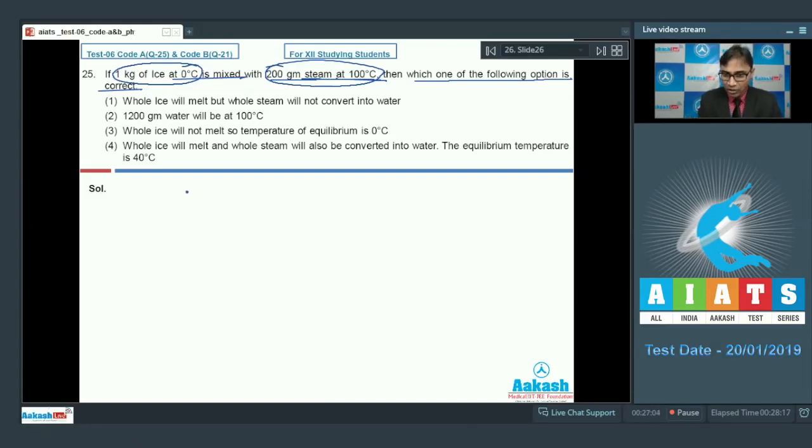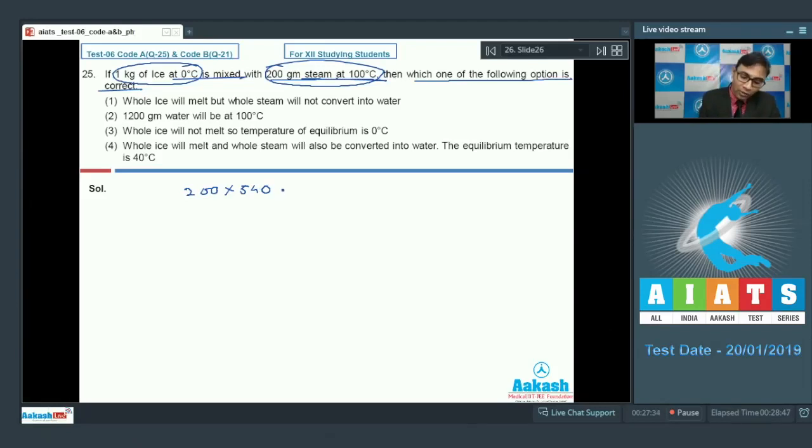Since there is a phase change, we will use the formula of the latent heat. That means heat released by the steam will be equal to 200 into latent heat of vaporization, that is 540. This is the amount of heat released by the steam when it gets converted into water.